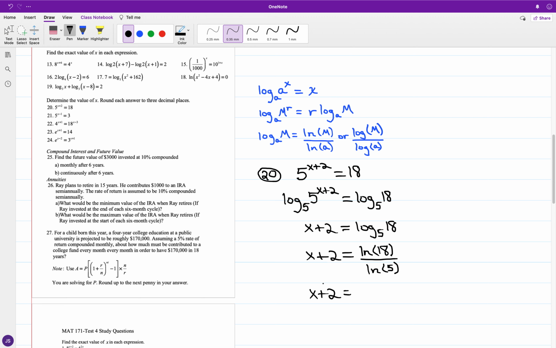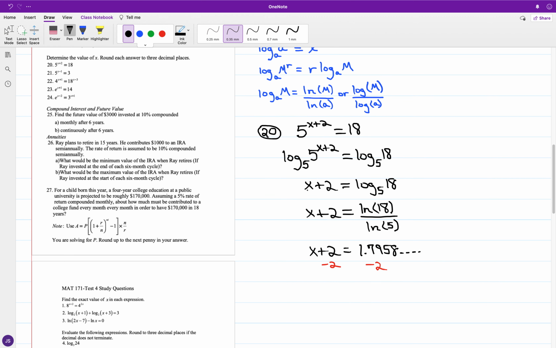And for the numbers here, we get 1.7958 among the first digits. Solving for x, I'm going to take 2 away from both sides, and taking the difference, we're going to have a negative amount for x, about negative 0.204.